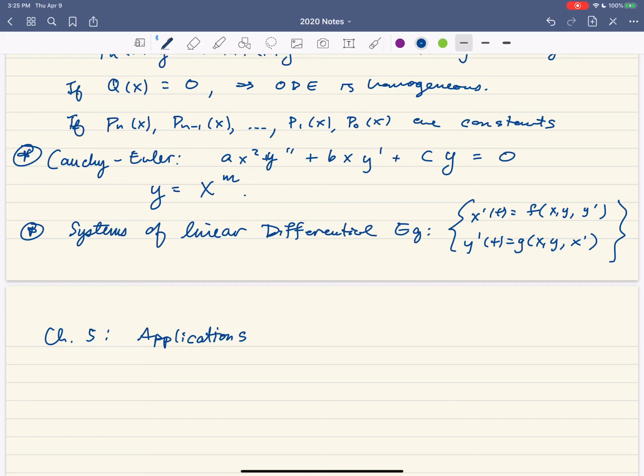So this was the mechanical vibrations, the differential equations where we had some mass hooked up to a spring, possibly with a dampener. A lot of applications that we talked about there fell in chapter 5, because it turned out that they were higher order differential equations.